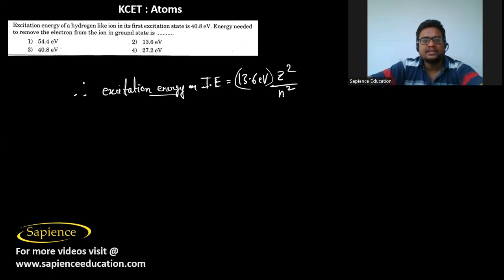So it is the excitation energy or the ionization energy for the nth orbit for a hydrogen-like species having atomic number Z.